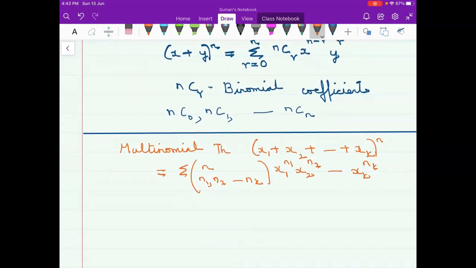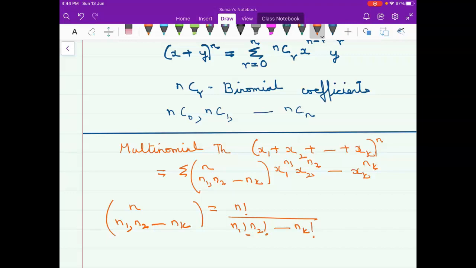And this term nC n1 n2 nk can be written as n factorial by n1 factorial into n2 factorial into nk factorial. This is also called the multinomial coefficient.